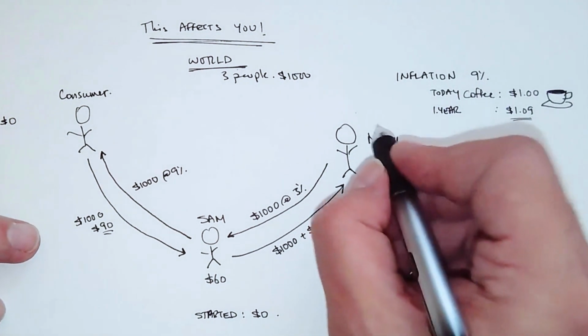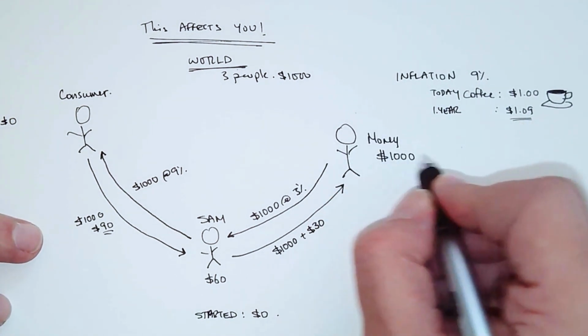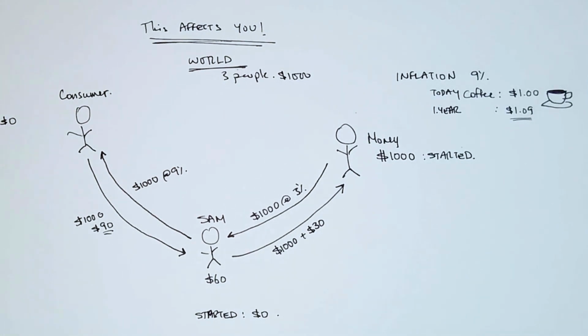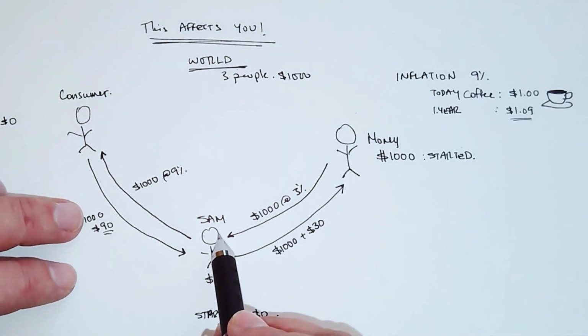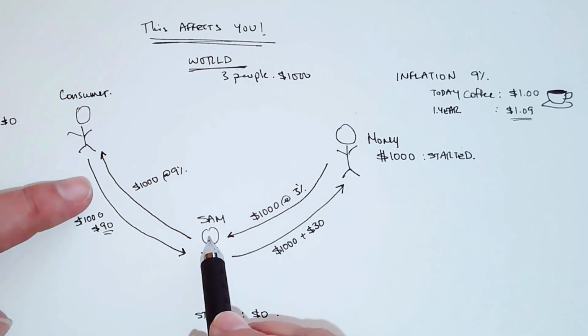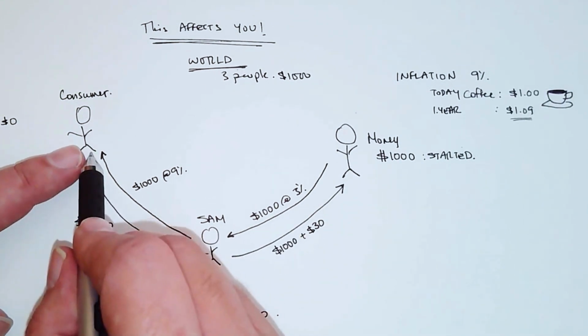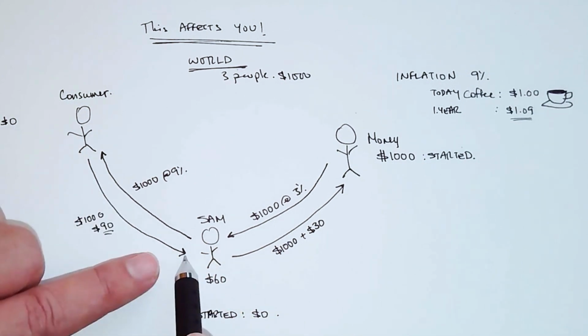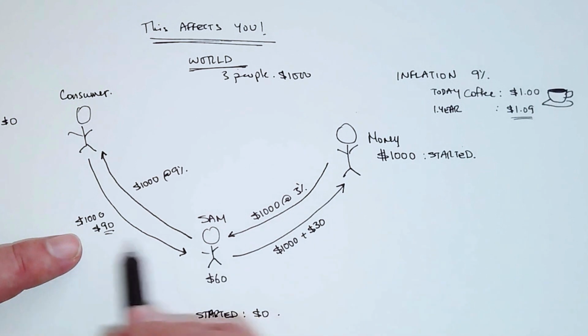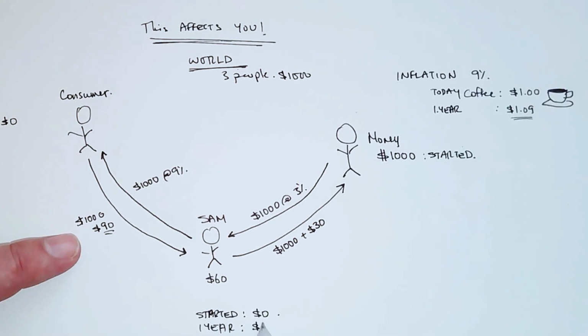So our money guy here started with 1,000. So this is what he started with. Let's look at the scenario again. Lent money, $1,000 at 3%, so he's going to get back $30. Sam took the money, lent it to the consumer at 9%, and so the consumer paid him $90. Sam paid $30 out of the 90 and kept $60. So in the future, in 1 year, he has $60.